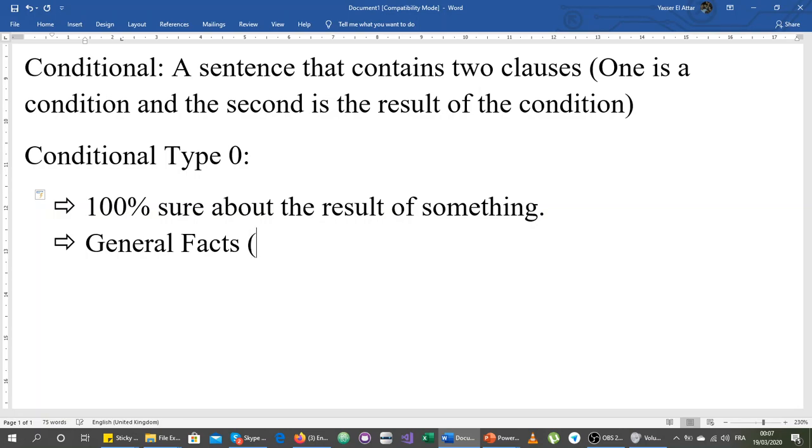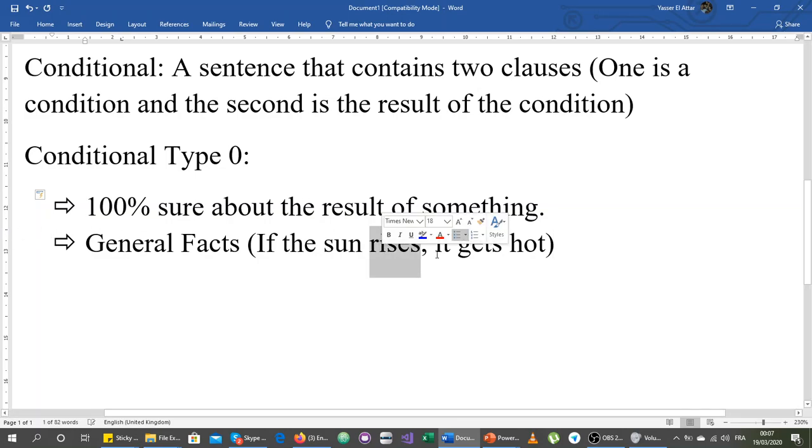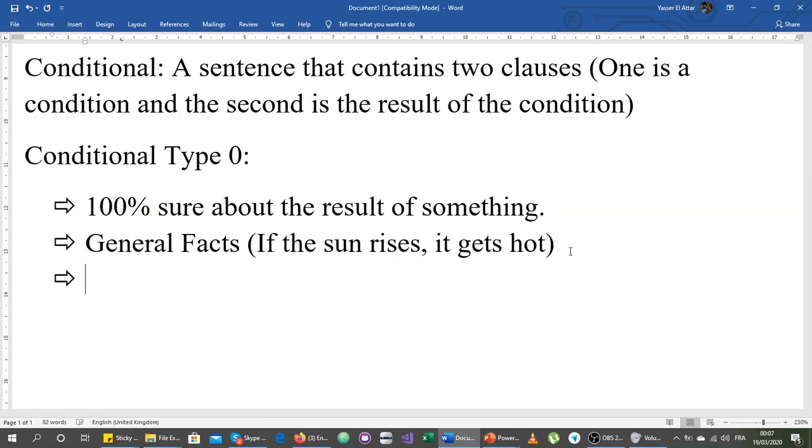For example, if the sun rises, it gets hot. General facts. Or we can use it for instructions.